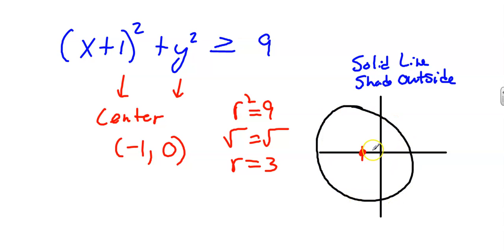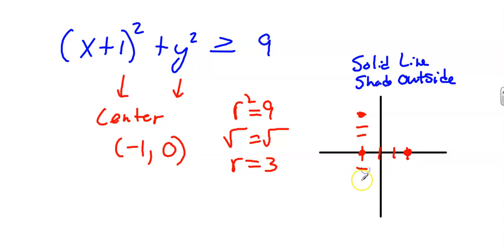Do something like that, where this is going to go 1, 2, 3 that way. Let's just redo that. Basically, with your radius, you go 3 in every direction. So you go up 1, 2, 3, have a dot here. 1, 2, 3, have a dot here. 1, 2, 3, right there.